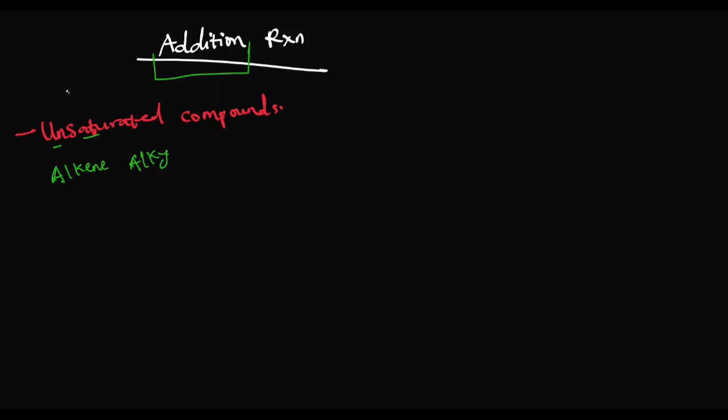Why did I say so? Because they have a double bond and a triple bond. They have more than one bond. You get? So they are simply unsaturated, meaning that they can take up more atoms if given. Right? They can take up more atoms if given.